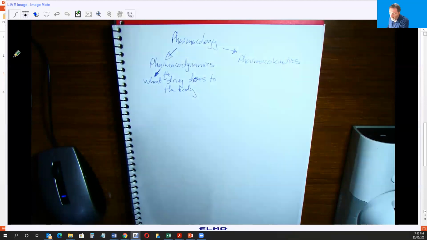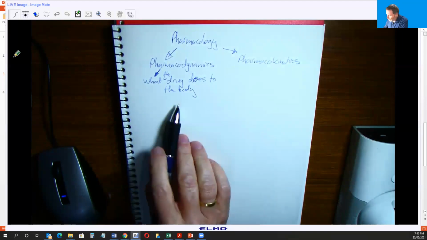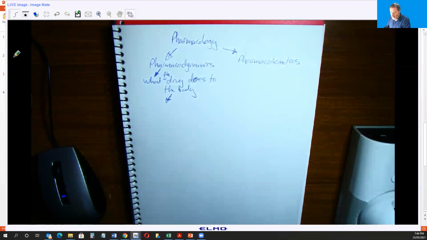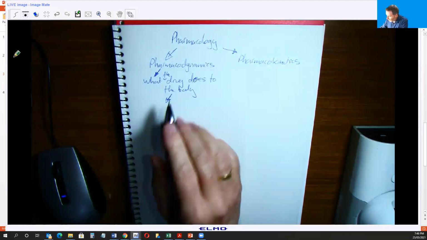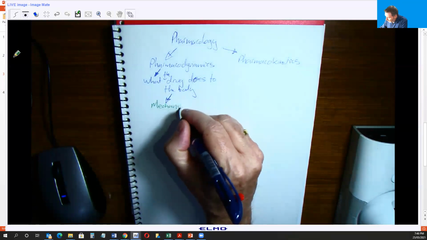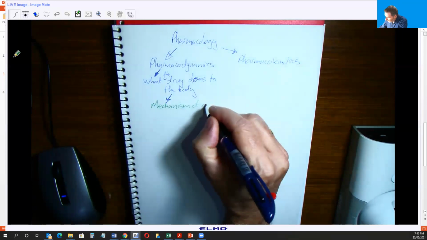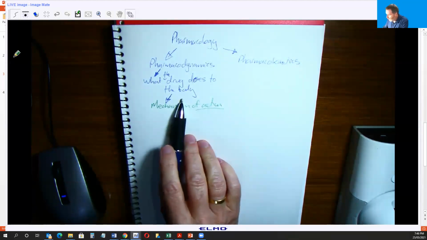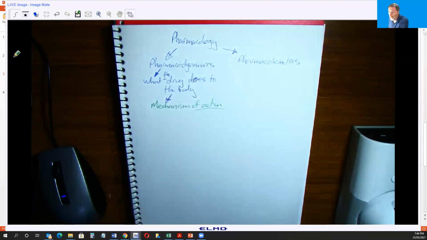All right. So with this, we've really got to consider, for example, then the mechanism of action of a drug if we're going to understand what the drug does to the body.